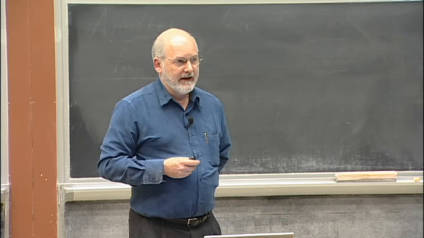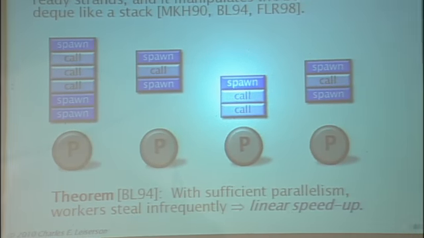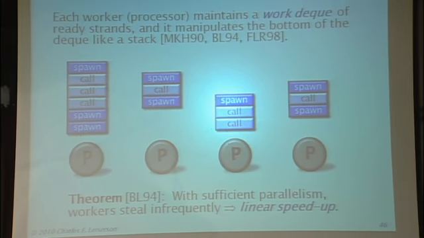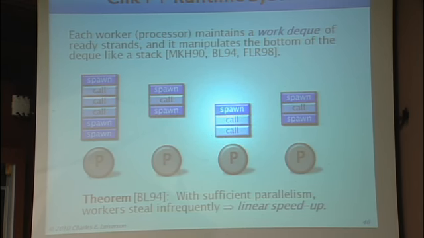So the main thing to understand is that there's this work-stealing scheduler running underneath. It's more complicated to analyze than the greedy scheduler, but it gives you pretty much the same qualitative kinds of results. The idea is that the stealing occurs infrequently, so you get linear speedup.